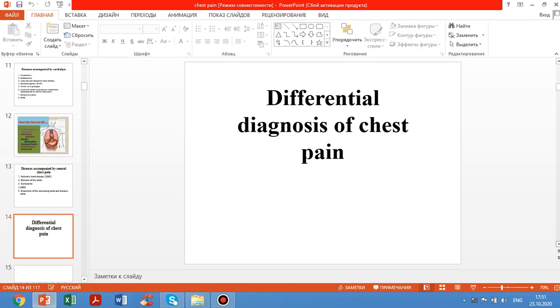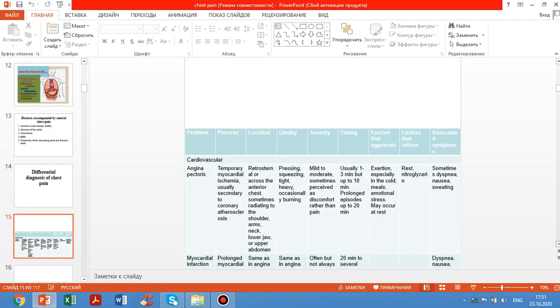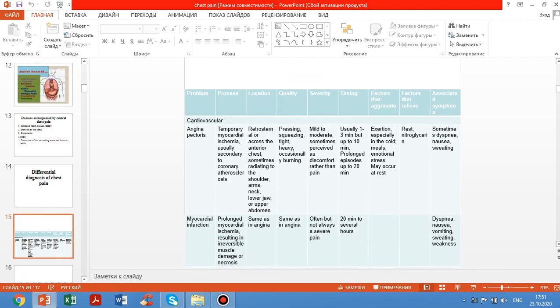Differential diagnosis of chest pain. Pain due to cardiovascular disease, angina pectoris. The process is temporary myocardial ischemia, usually secondary to coronary atherosclerosis. Location is retrosternal or across the anterior chest, sometimes radiating to the shoulder, arm, neck, lower jaw, or upper abdomen.